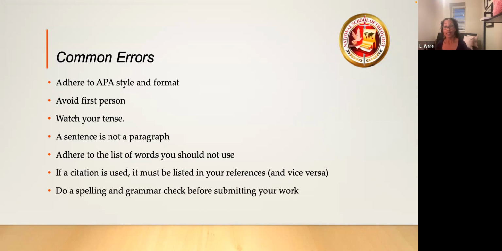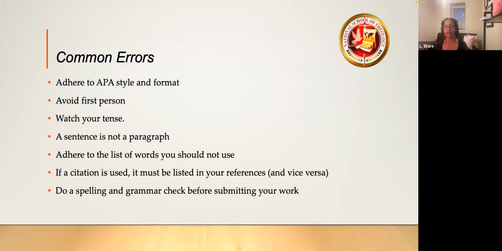So I recommend taking time to write your paper early enough that you have time to step away from it and go back and reread it just to make sure it makes sense. Okay, you guys, I can tell you're doing a lot better from week 1. I really see the growth. But these are some common errors that I'm seeing that I want you to get in the practice of checking.